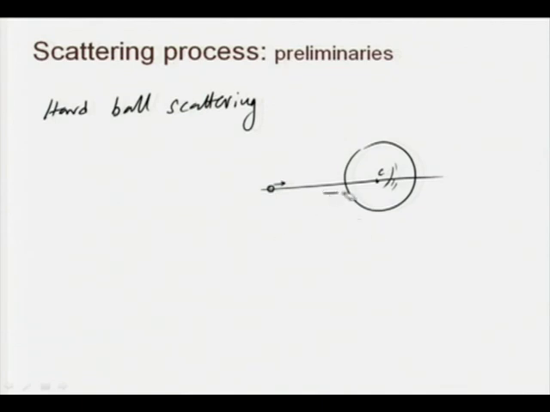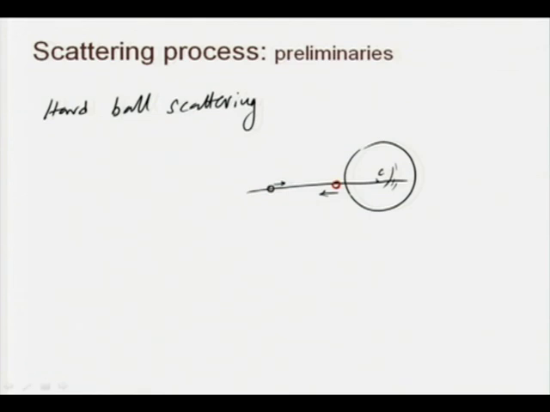So, let me not confuse you by drawing it in a separate position. It will actually go back. Let me use a different line, a different color. Let us assume that it is a straight line. So, now you have a bead. The red bead is the one which is bouncing back from the hard sphere.